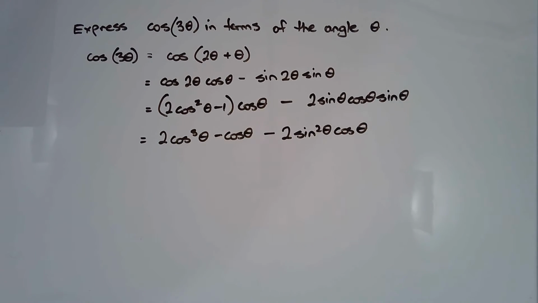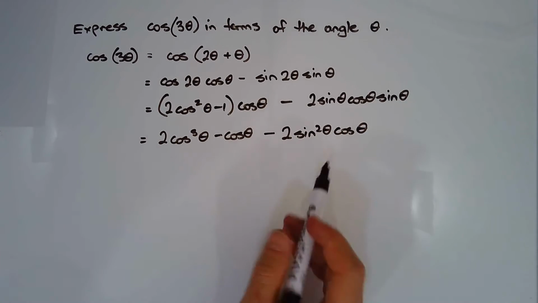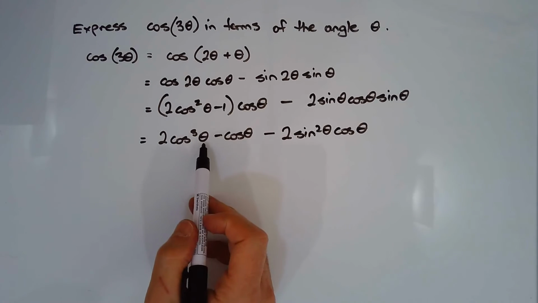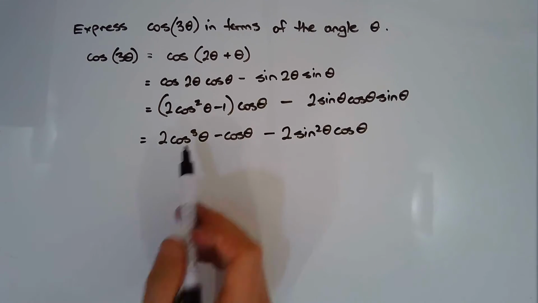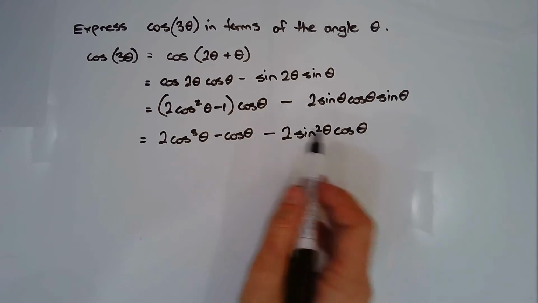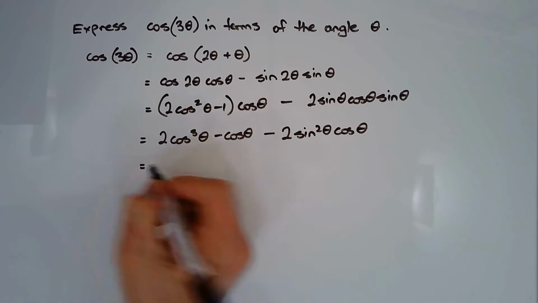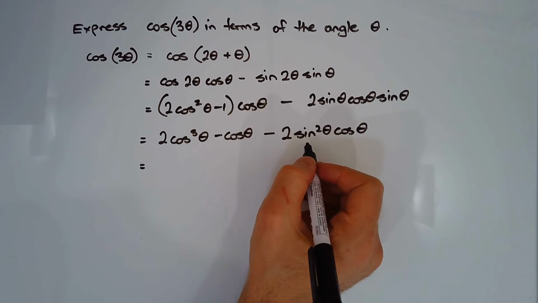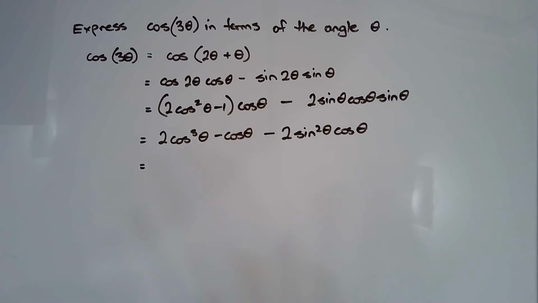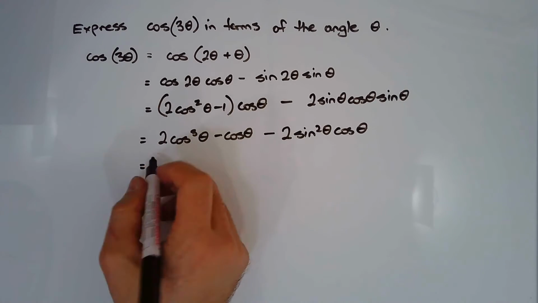So at this point, have we answered the question? Yes, because in fact it's all in terms of the angle theta, but I'm just going to go one step further and express it in terms of cos of theta, or some power of the cos of theta. So I want to eliminate the sine squared theta here, or convert that into something involving cos squared theta.